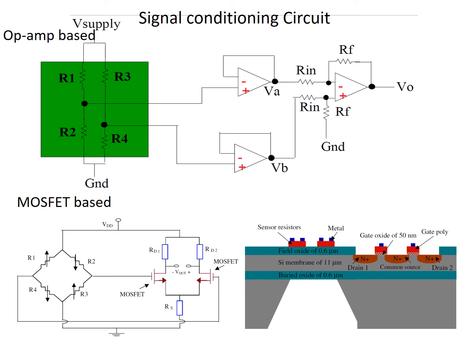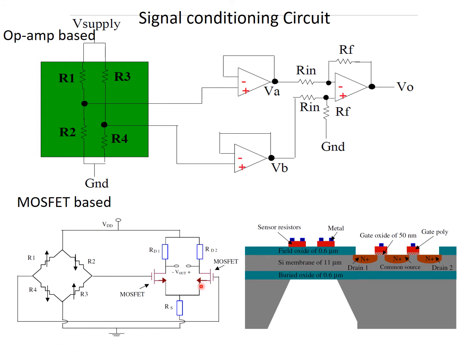The buffers are basically to avoid the loading effect, and then the buffer output goes to the differential amplifier, and this V output directly gives you this delta V. By adjusting Rin and Rf, we can achieve a specific amount of amplification as well.